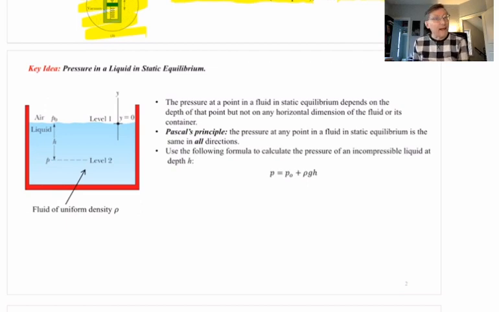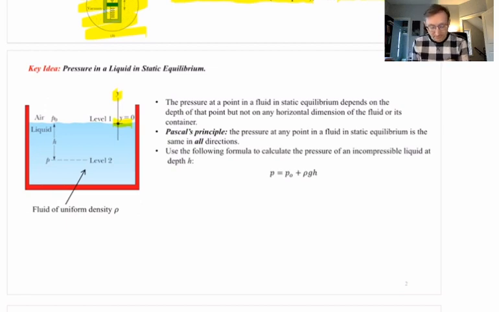That would probably be atmospheric pressure, whatever the local atmospheric pressure is of the air at this location. And if you like, we'll call that surface, the interface between the air and the liquid, level 1, on a y-axis which is vertically upward, and we're taking y equals 0 to be at level 1.